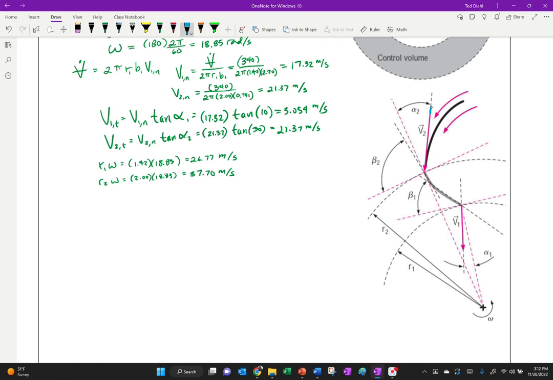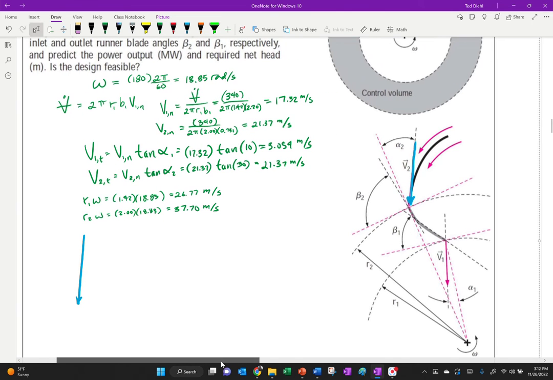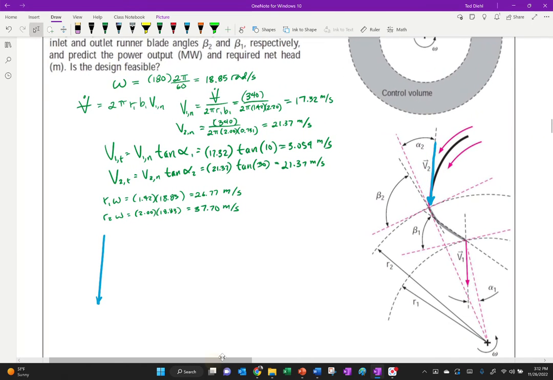So here is the velocity 2 coming in right there. So I'm going to transfer him with a ruler over to the side over here. There you go. Center it. So that's V2.